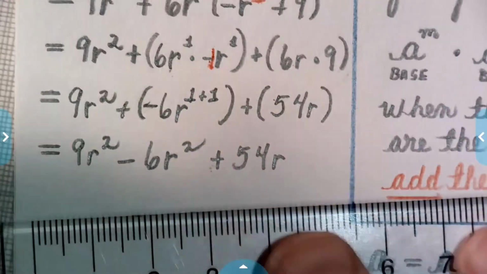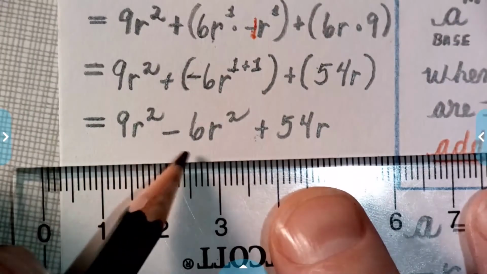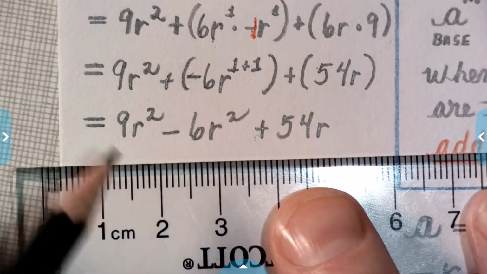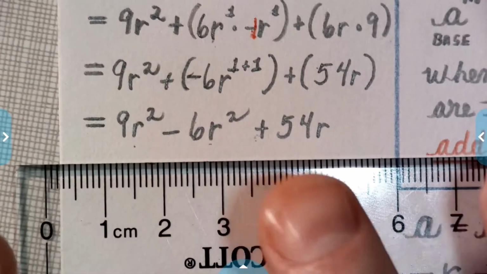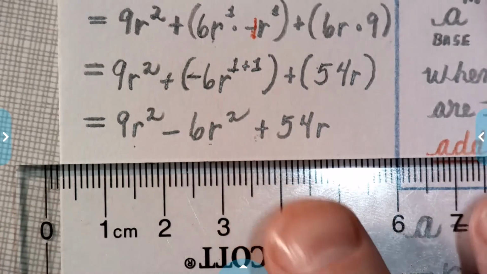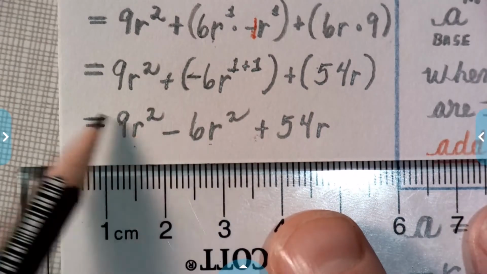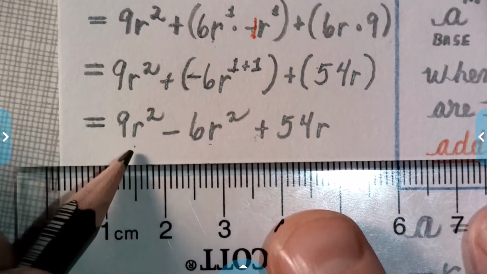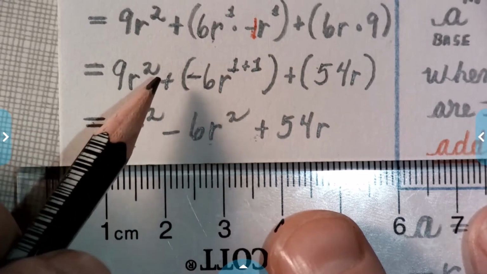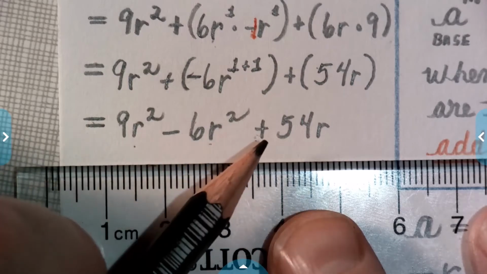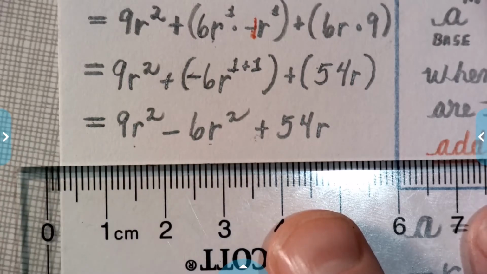So here we can work with this because r squared and r squared are the same. You can kind of think of it like a common denominator. I'm allowed to subtract 6 from 9. So 9r squared, think about it like this. 9 blob minus 6 blob is 3 blob.